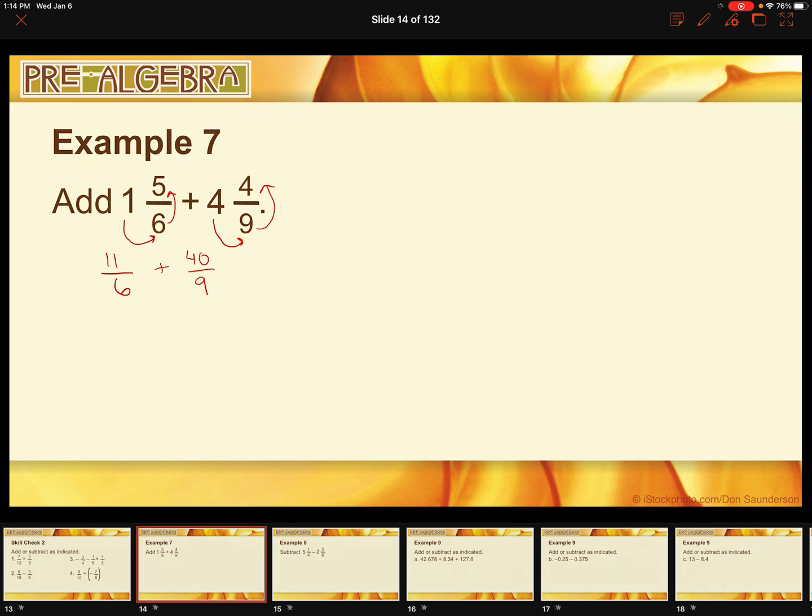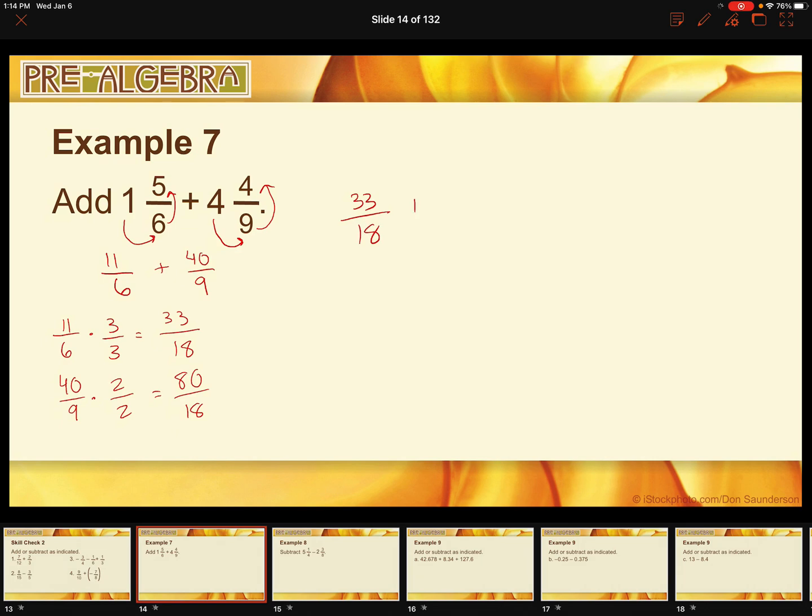Okay, and I can go from there. I can see the common denominator between 6 and 9 is going to be 18. So I can take 11 over 6 and multiply it by 3 over 3 to get 33 over 18. And I can take 40 over 9, multiply it by 2 over 2 to get 80 over 18.